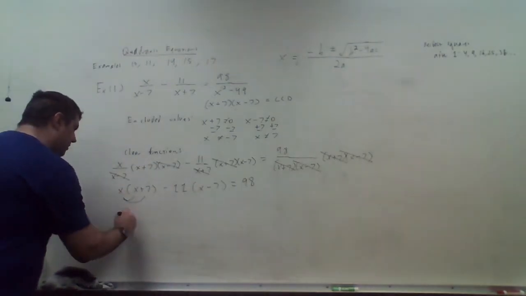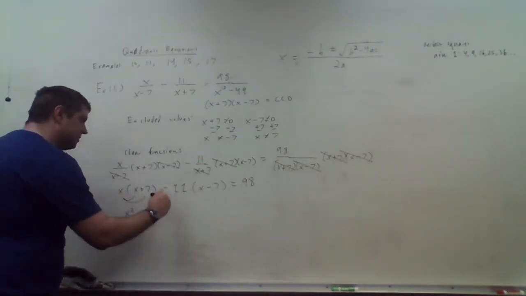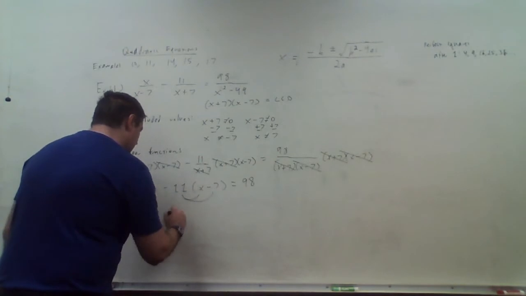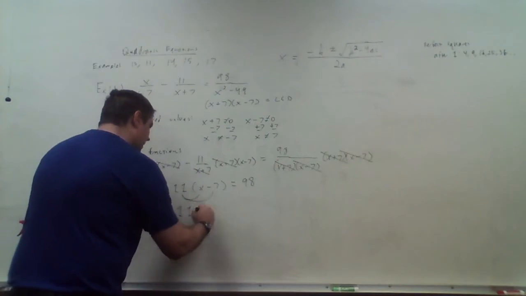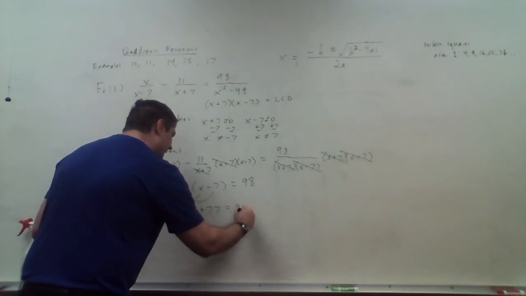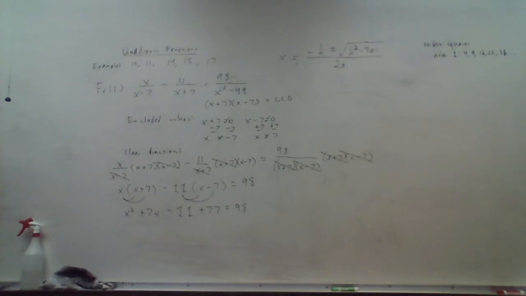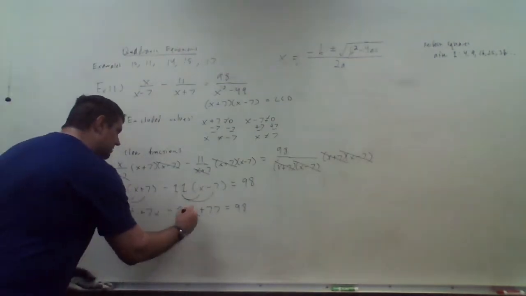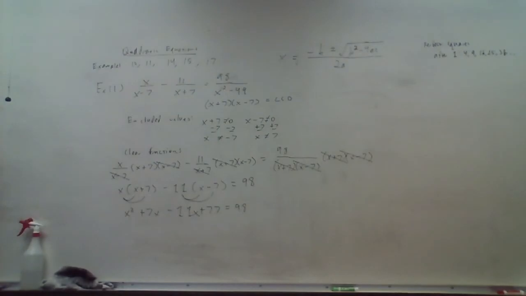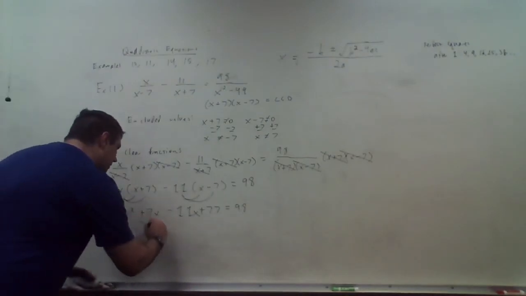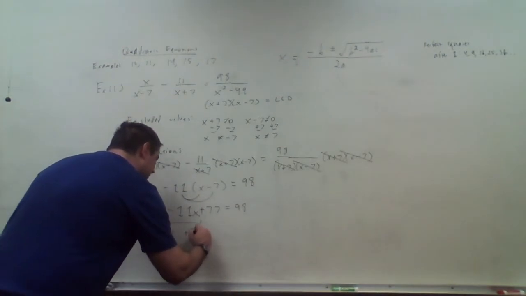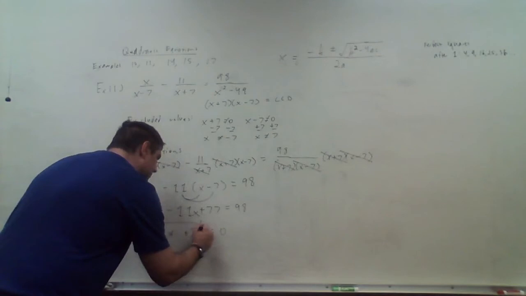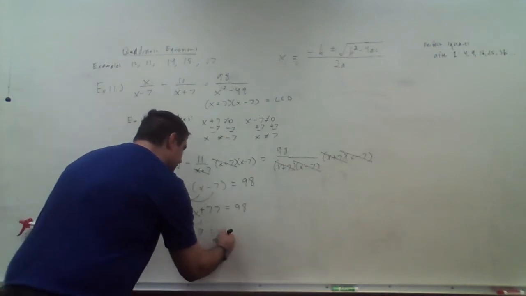This is going to be x squared plus 7x. X squared plus 7x minus 11x plus 77 equals 98. Forgot the x here. Now these two combine to form x squared minus 4x plus 77 equals 98.